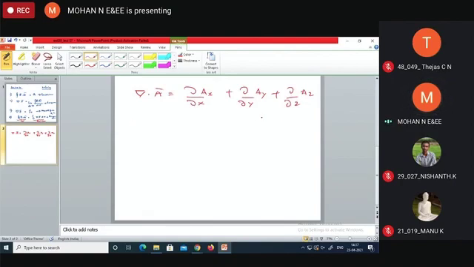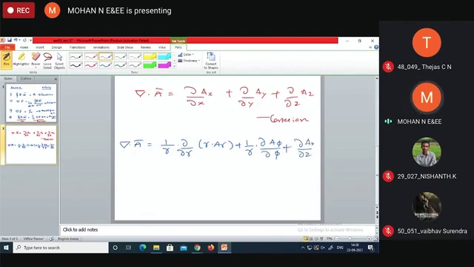So this is in Cartesian coordinates, and if you want the divergence in the cylindrical coordinate system, it is given like this: 1 by r into dou by dou r of r into A r, plus 1 by r into dou A phi by dou phi, plus dou by dou z of A z.